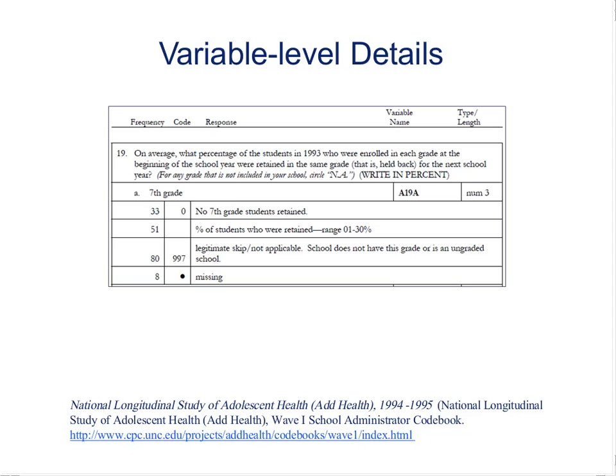Sometimes in code books there are frequency listings, so you can do a basic sanity check. There might be missing codes. This is from a large survey, the National Longitudinal Study of Adolescent Health, a very well documented code book.